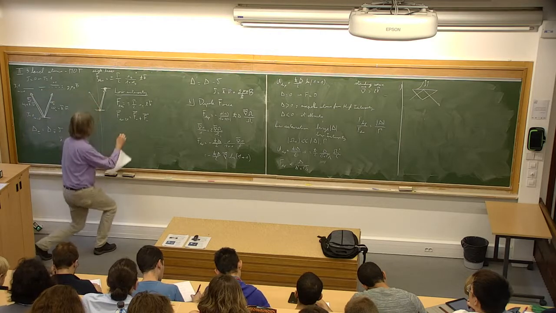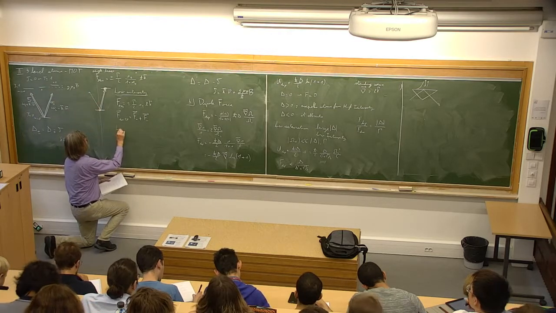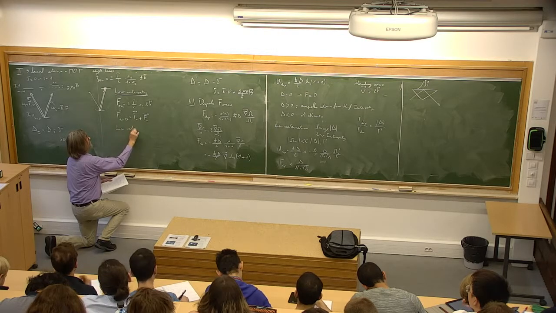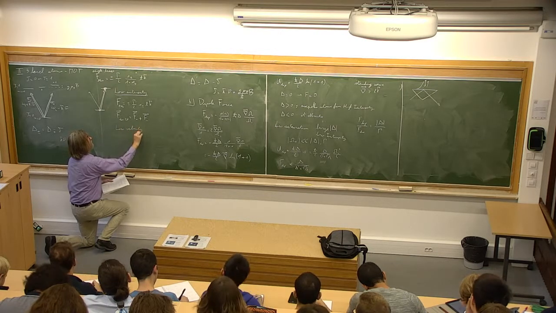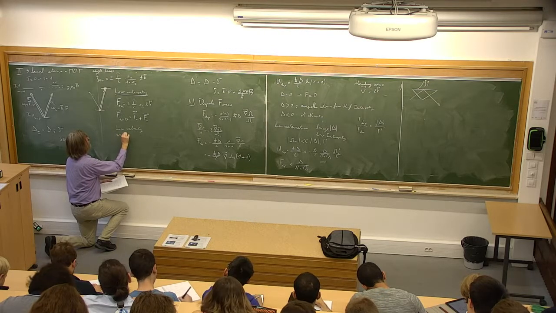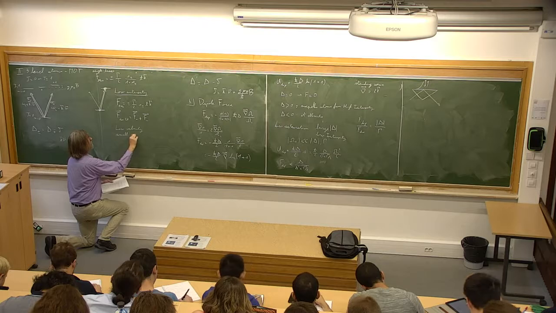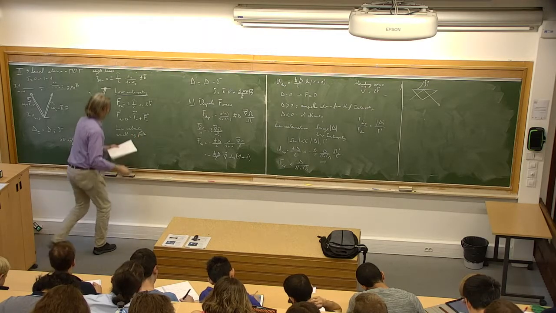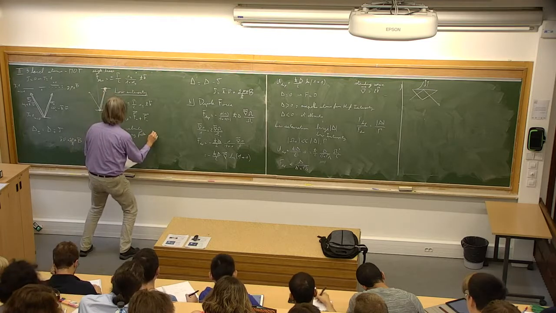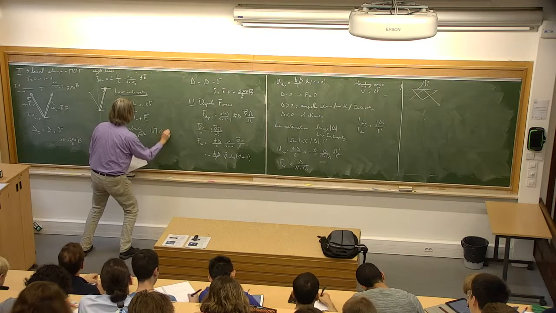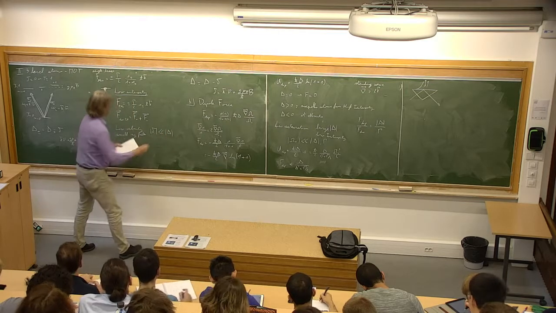If I now consider another limit, which is low velocity and small magnetic field, then I have delta much smaller than delta and gamma.